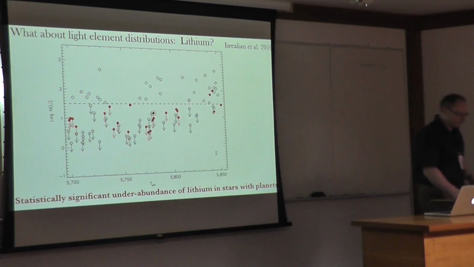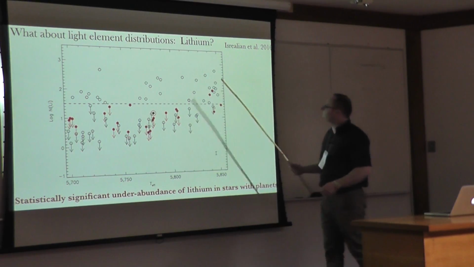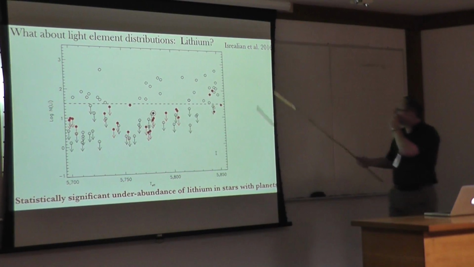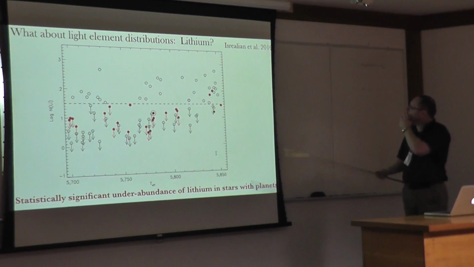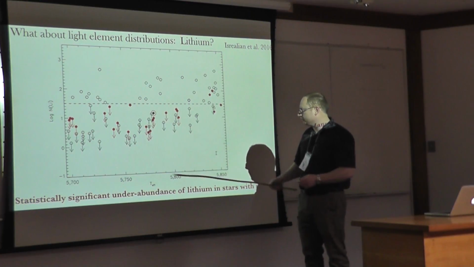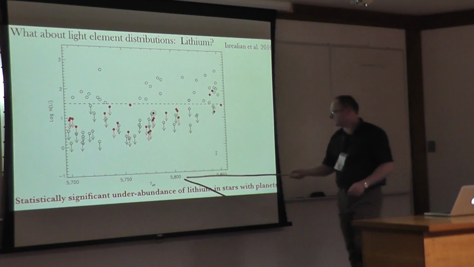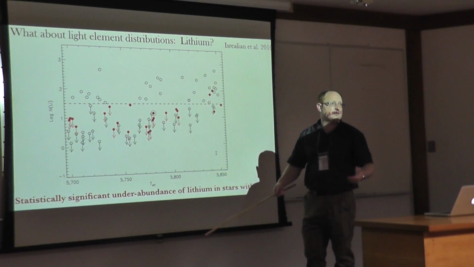So, another interesting result, moving away from just metallicity and now looking at some lighter elements, in this case not iron, looking at lithium. And this was a result published by Israeli a few years ago, updated, but published a few years back, where they looked at lithium as a function of stellar type or temperature.